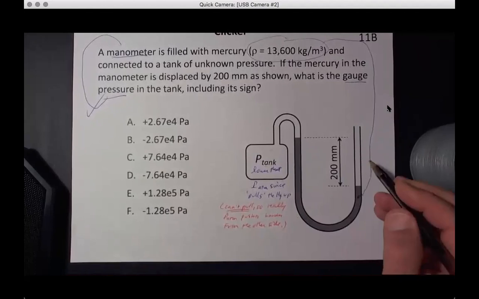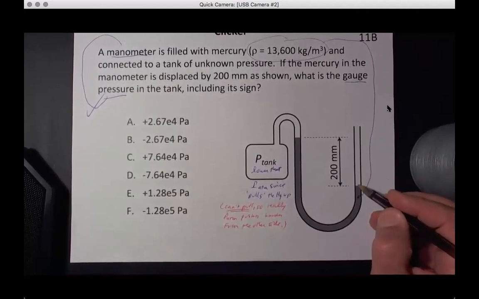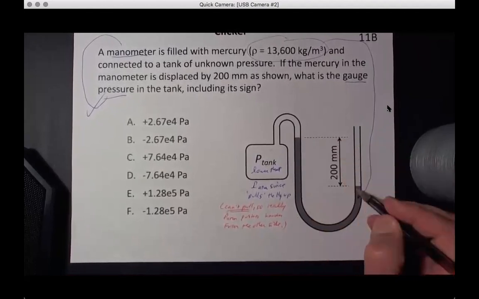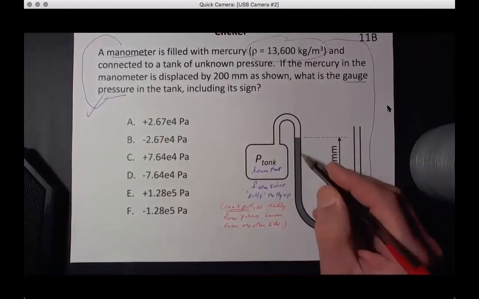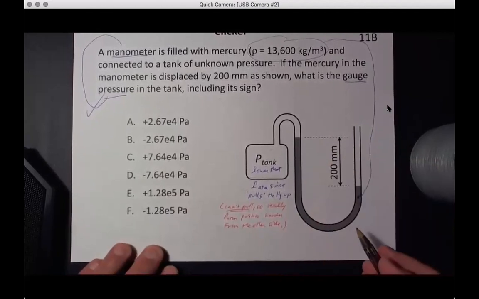So really the way to think about this is the atmospheric pressure is pushing down harder than this pressure, so the atmosphere wins until you get enough weight of mercury that it won't.